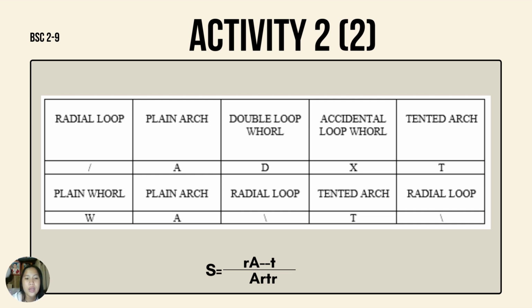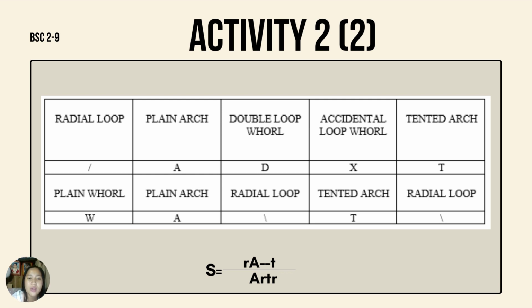We should look for the index finger of the right hand. Plain arc is A, so we write A, and then the left is also A, so again it is horizontally aligned. Then we proceed to get the symbols for finger 1.